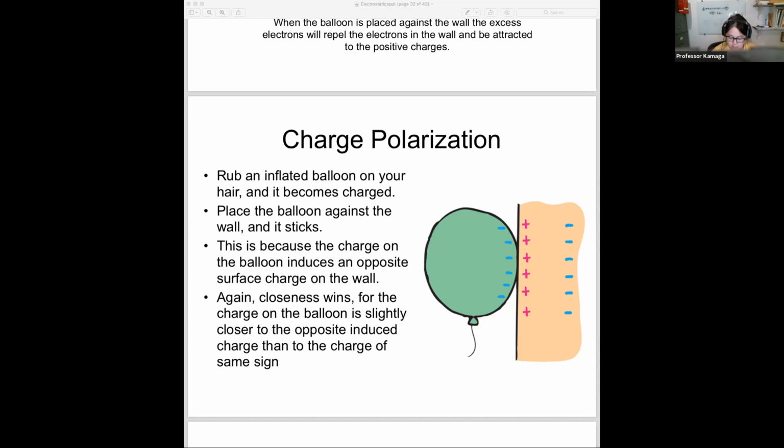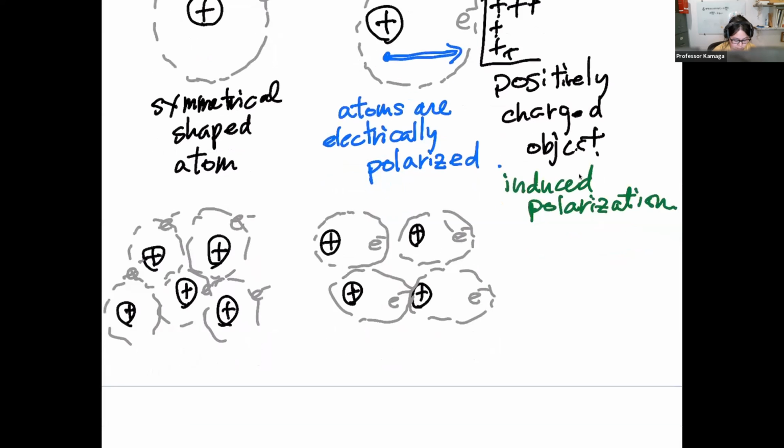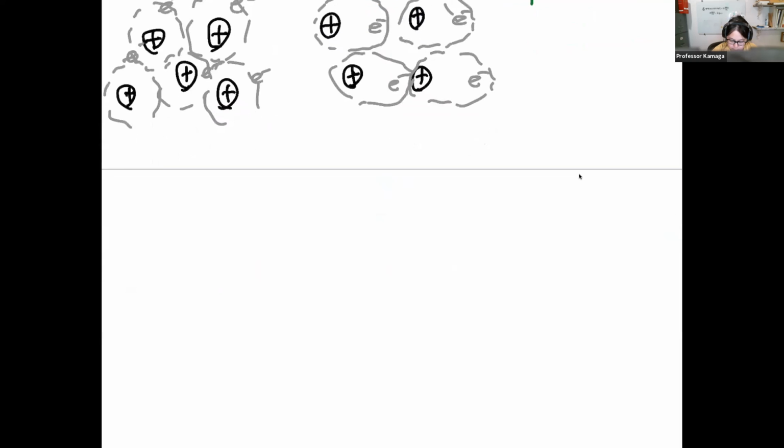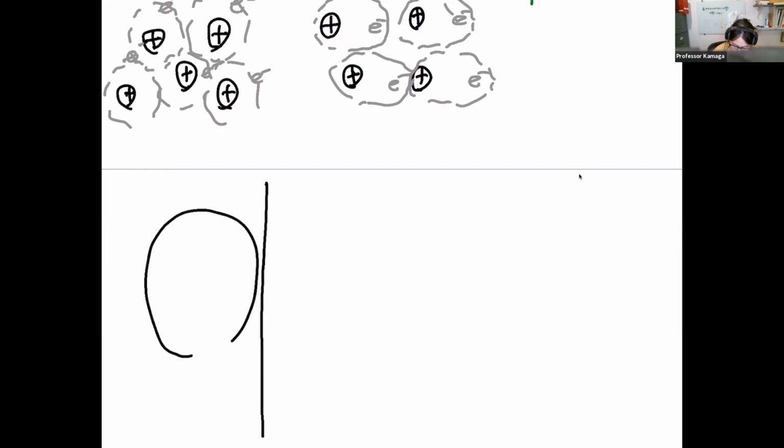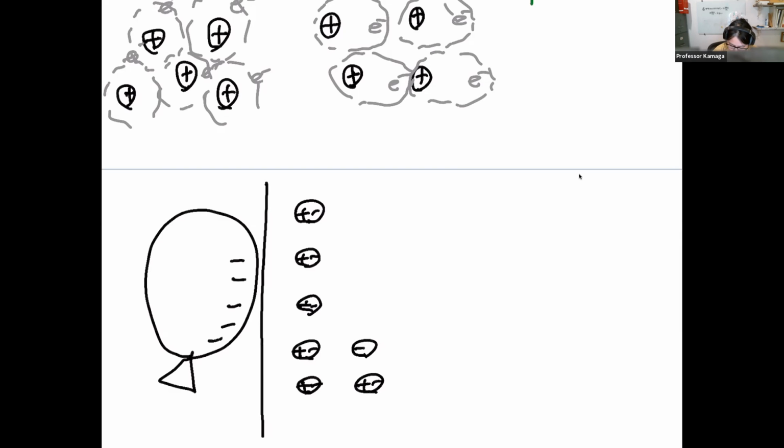So that's why the balloon is going to stick to the insulator wall, because all these molecules are going to make a rearrangement in shape. Overall, it looks like there is a charge that's being induced on one side and negative on the other side. And this is called polarized.